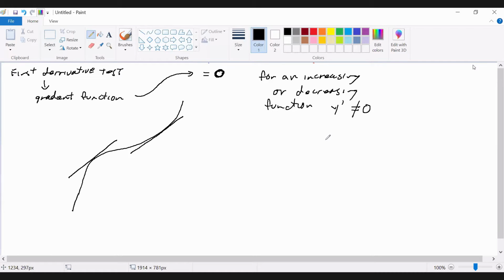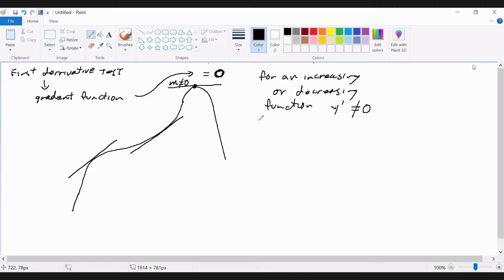Okay, so that's the first thing that you need to know. That means if y prime is not equal to 0, the gradient is either like this or curves to the other side. So the gradient function m must not be equal to 0, because what we want is an increasing function or a decreasing function.